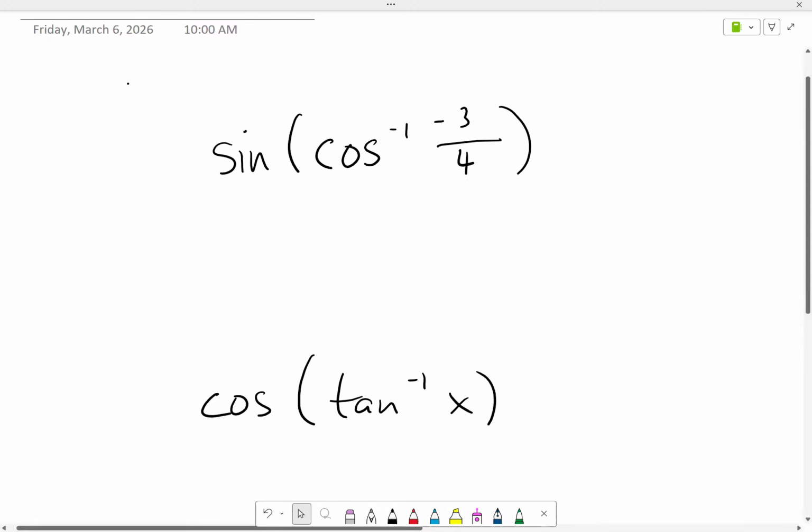Or you could think about the inside as a difference of squares and factor it into 10 minus 8 and then 10 plus 8. This is not a great way to do it.